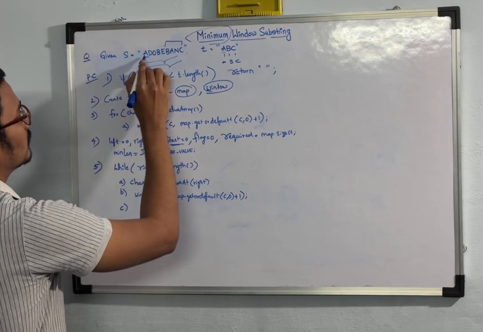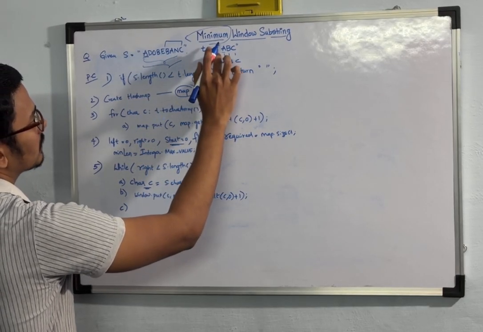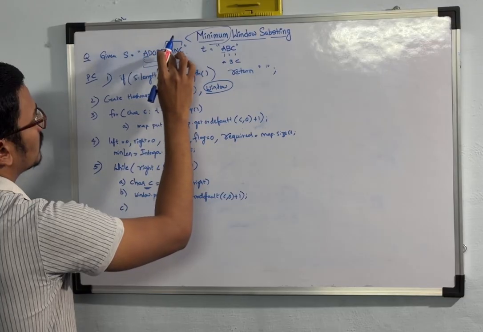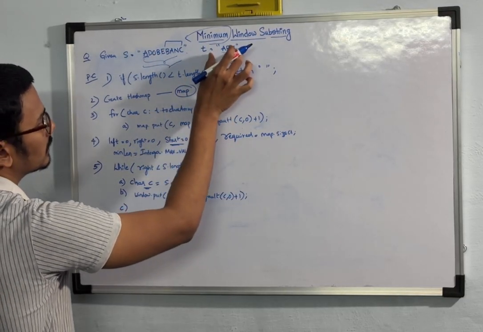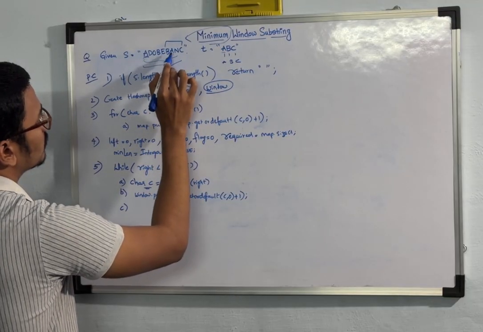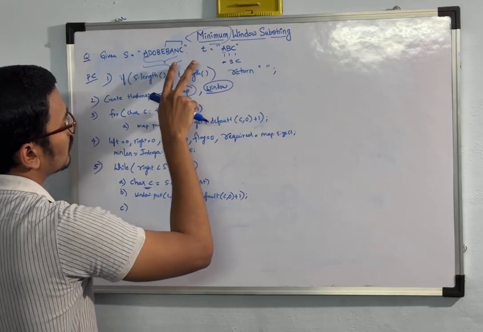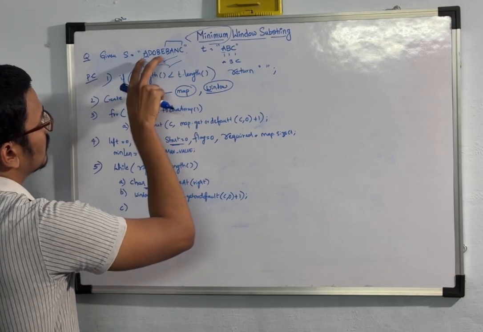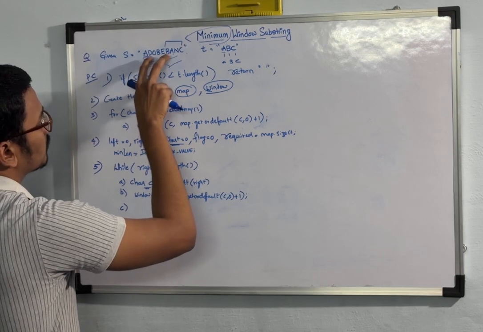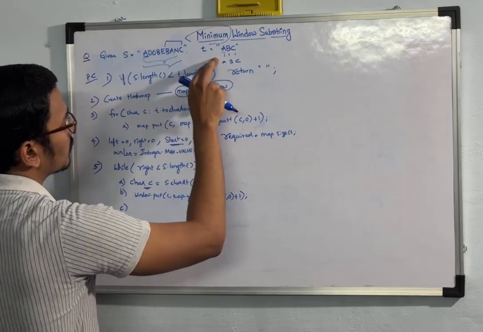Let's say we are at the first character, A: is it present or not, and is the frequency of this A equal to this frequency, means A repeated here 2 times. We are checking 2 conditions here: whether A is present in both or not, and second, the repetition, whether the number of times it has appeared is equal or not. So here A repeated 2 times, here A repeated 1 time.